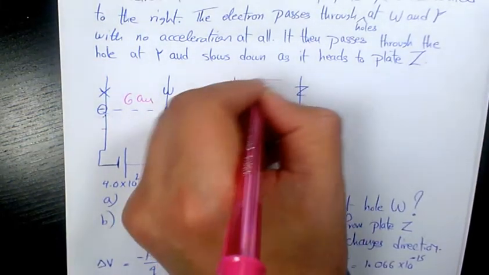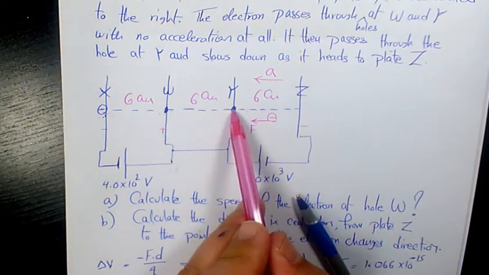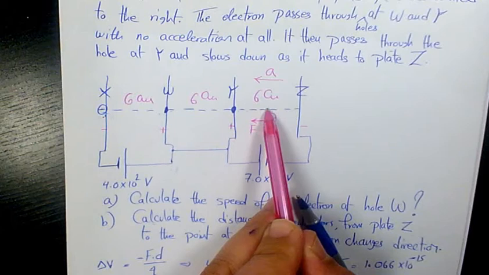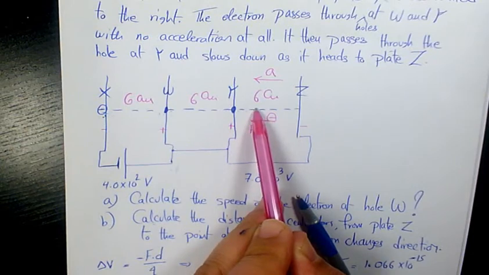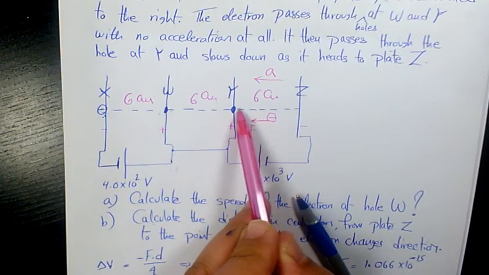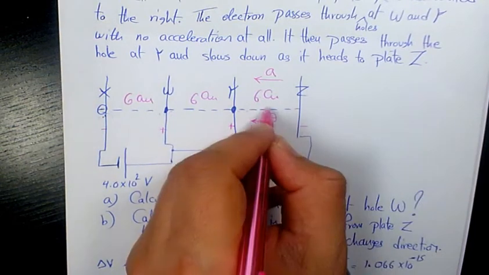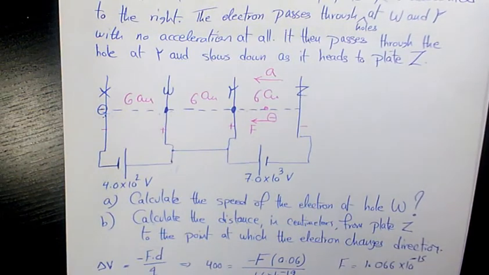So we have acceleration toward the left, and the velocity reduces until it becomes zero somewhere. Then it gains acceleration again and goes back this way, so it never touches plate Z. We need to find where the velocity becomes zero.